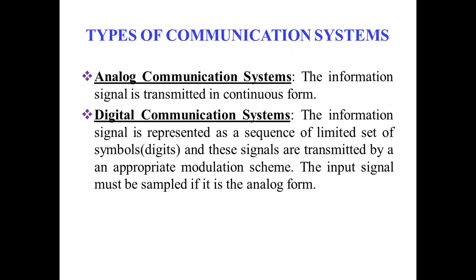There are different types of communication, mostly the speech signal, the voice signal, which is continuous in time. These are called analog communication systems, where the information is transmitted in continuous form. Whereas the digital, or discrete, systems are sampled at some intervals.